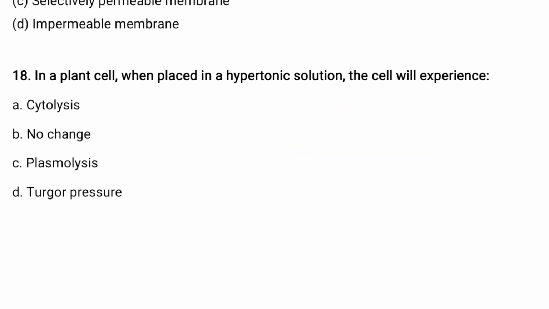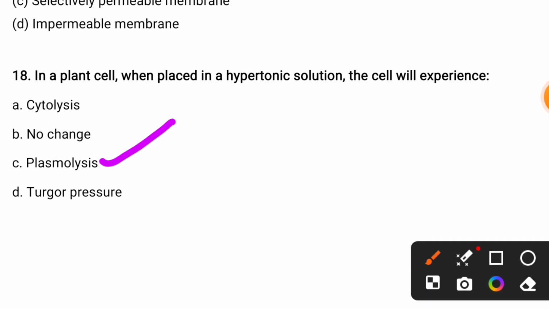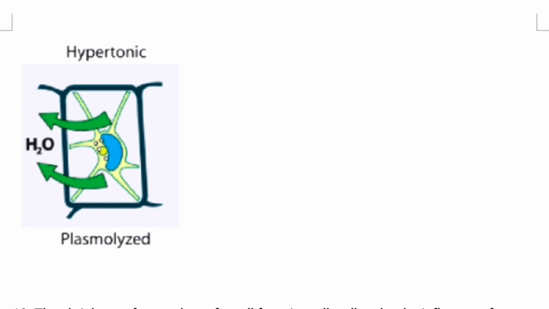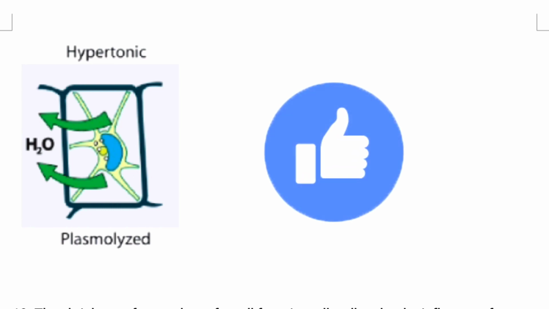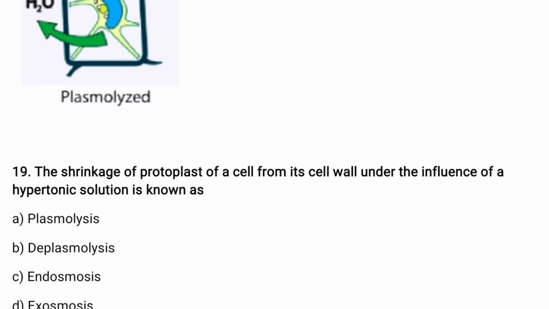That is called plasmolysis. So the correct answer is plasmolysis. You can observe the plasmolysed cell. Here the plasma membrane gets detached from the cell wall. It undergoes a shrinking of protoplast. Okay, so let's see the next question.